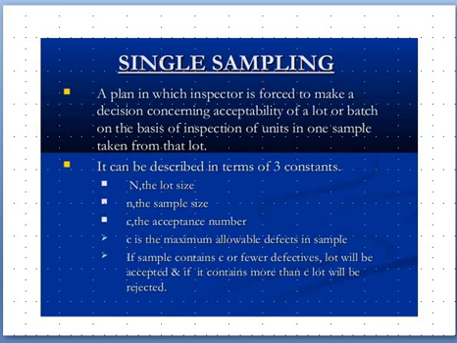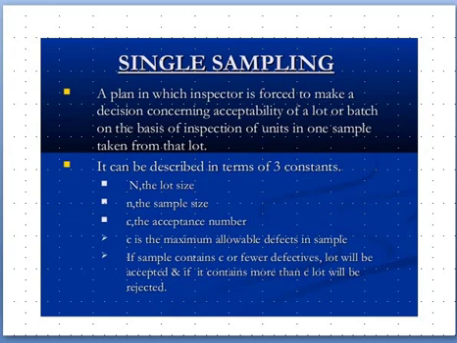Capital N indicates the lot size, small n indicates the sample size, and small c is the acceptance number, which is the maximum allowable defects in the sample. If a sample contains c or fewer defectives, the lot will be accepted, and if it contains more than c, the lot will be rejected.